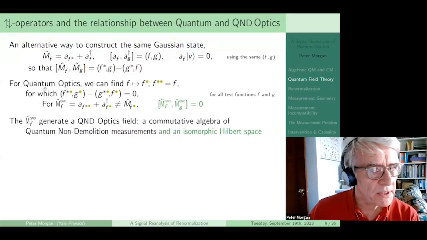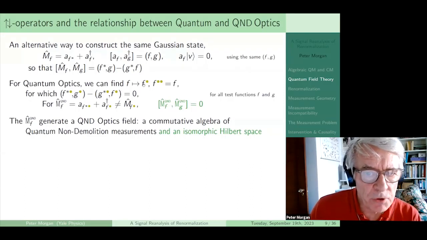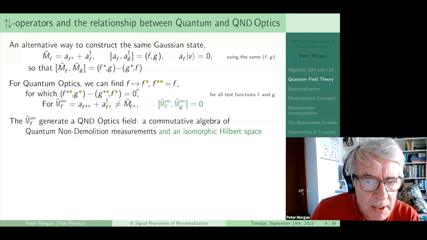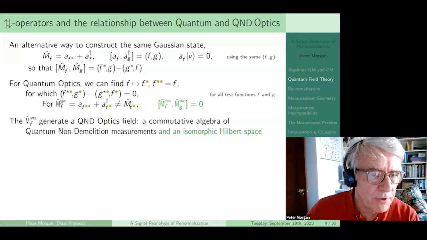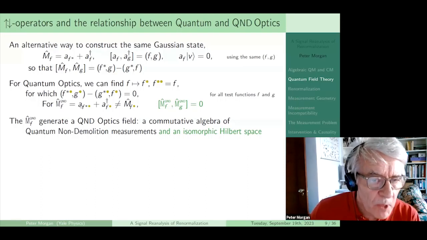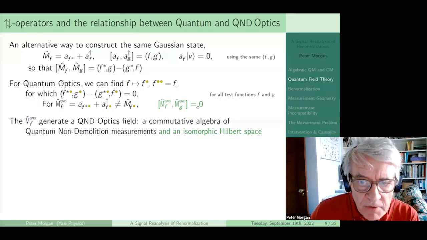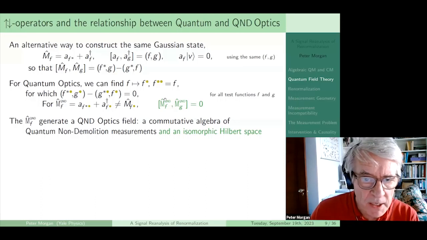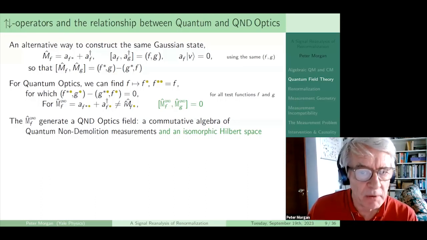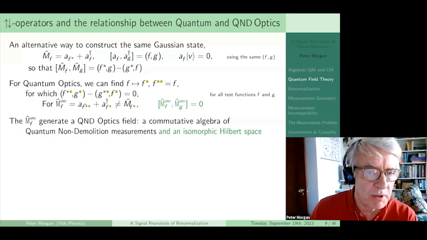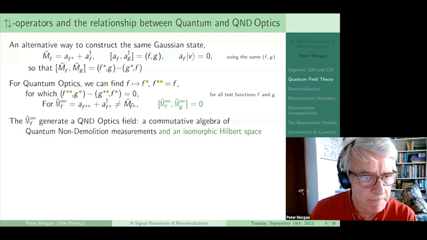But for quantum optics, we can find an involution, what I'm going to call the bullet involution, for which this expression is 0. And that means we can construct an F QND measurement for which this construction satisfies the trivial commutator. And of course, this isn't the same as an F-bullet measurement because the star and the bullet are in the opposite order in that case.